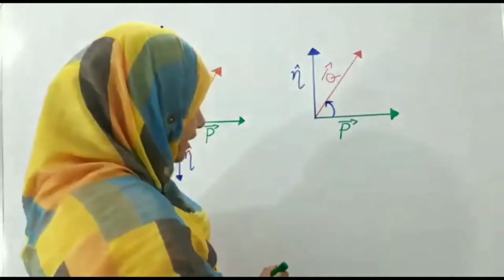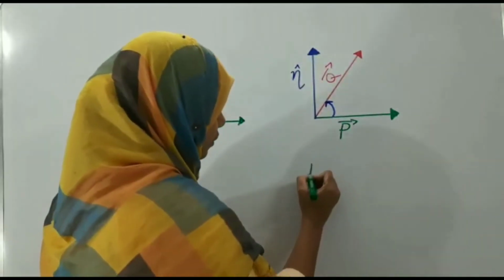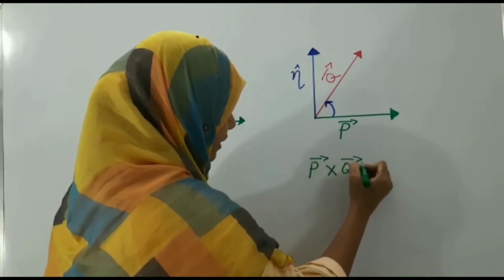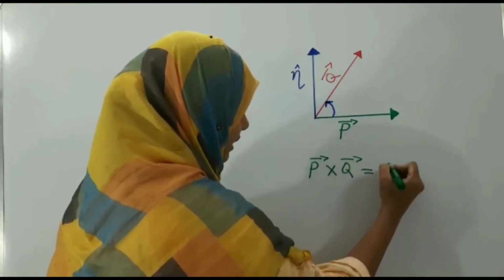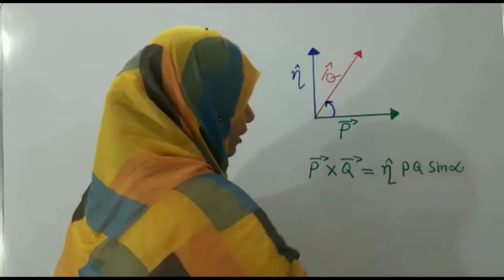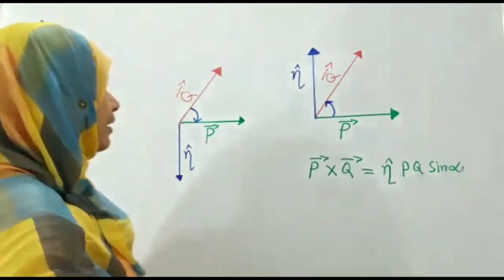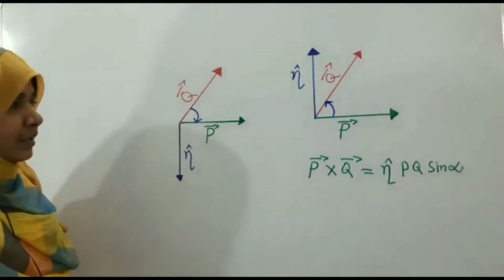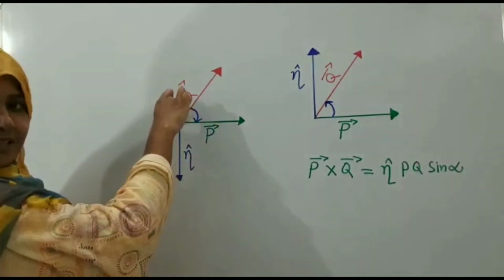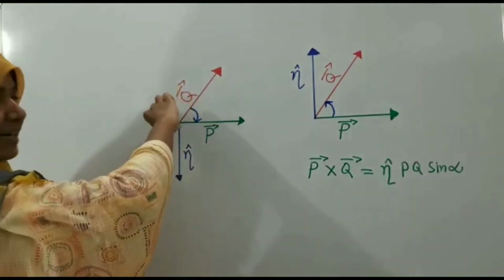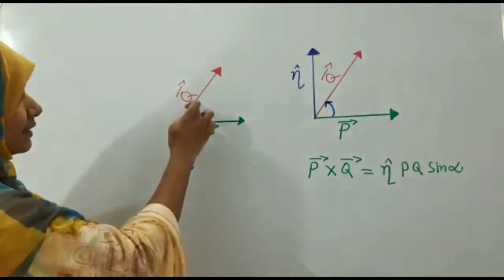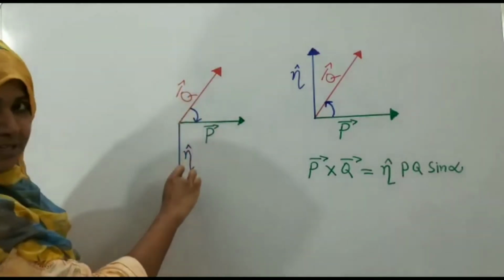So we can say that P cross Q is equal to eta PQ sin alpha. But if we measure Q cross P, if you put a right-handed screw here, then whenever we start to move the right-handed screw from Q to P by making the shortest angle, this screw will move in the downward direction.